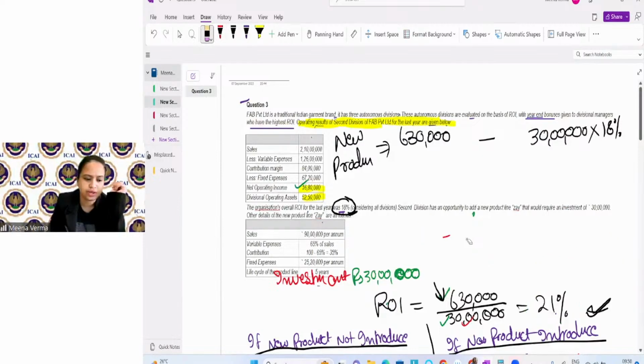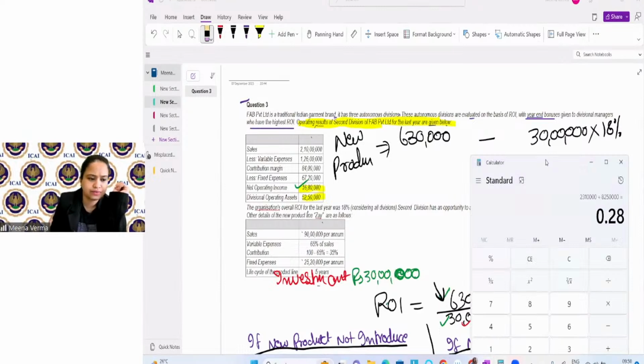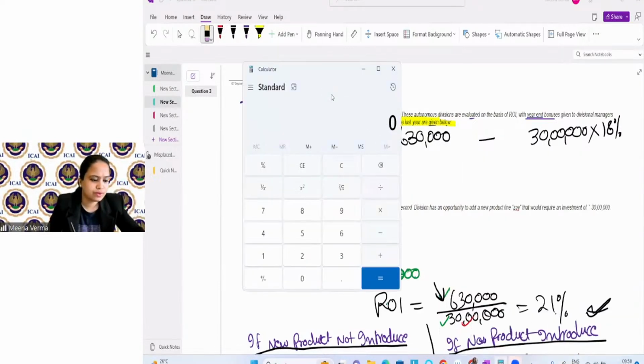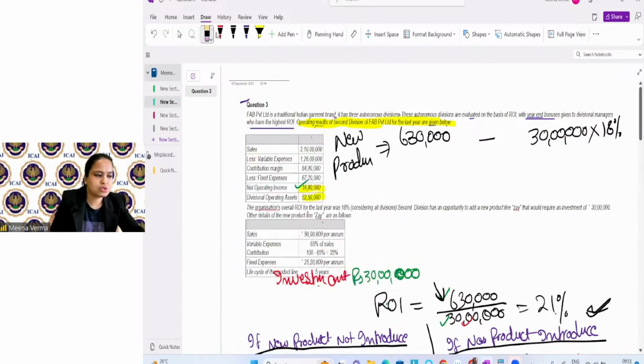All right, we will see. So 30 lakh into 18%. What is it coming to? 5,40,000. Yes, 5,40,000, which is good, right?